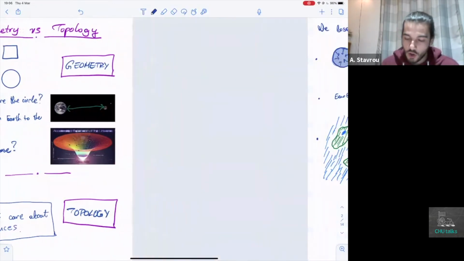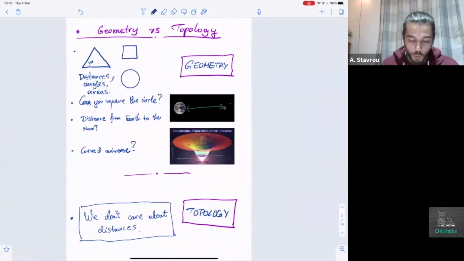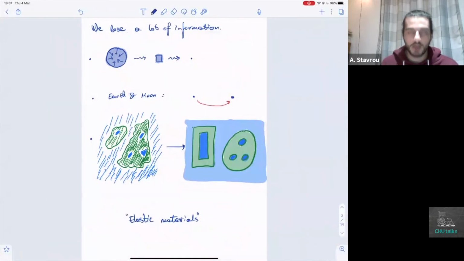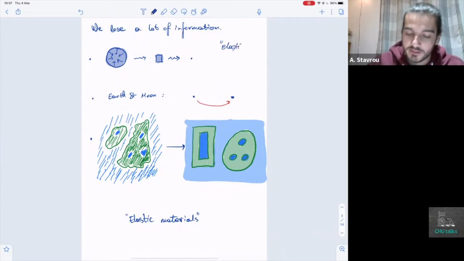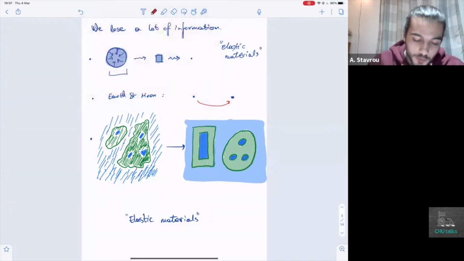Right, so what does that mean? It means that we consider most of our shapes that we speak about to be made out of elastic materials. Okay, so for example, if you had a disk that looked like that, you can sort of shrink it inwards.